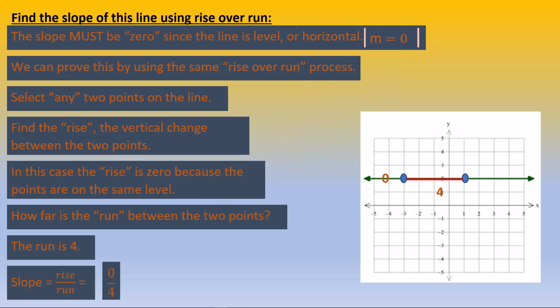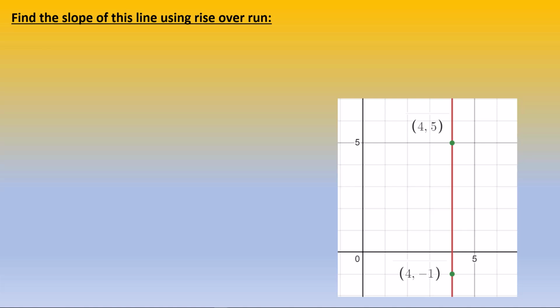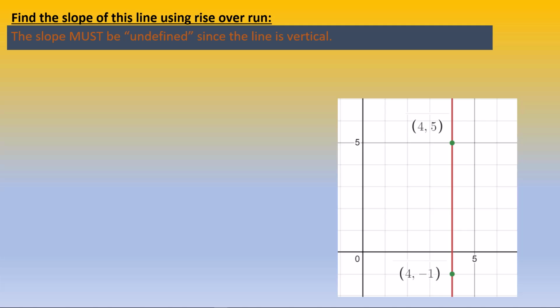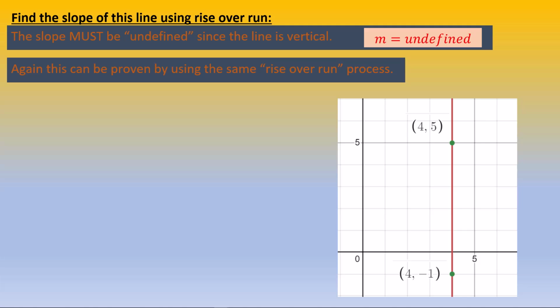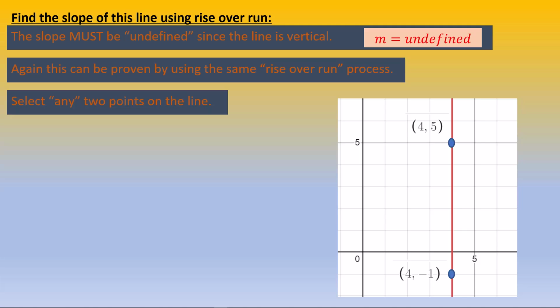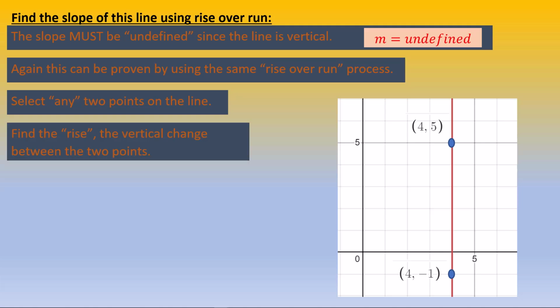Let's try this one, again using rise over run. The slope must be undefined, since the line is clearly vertical. We also learned this one earlier in the lesson. M is undefined. Again, this can be proven by using the same rise over run process. Select any 2 points on the line. Find the rise, the vertical change between the 2 points.